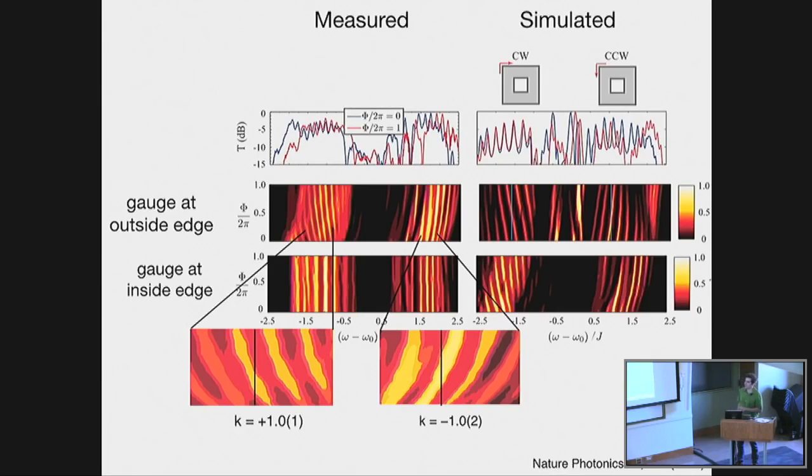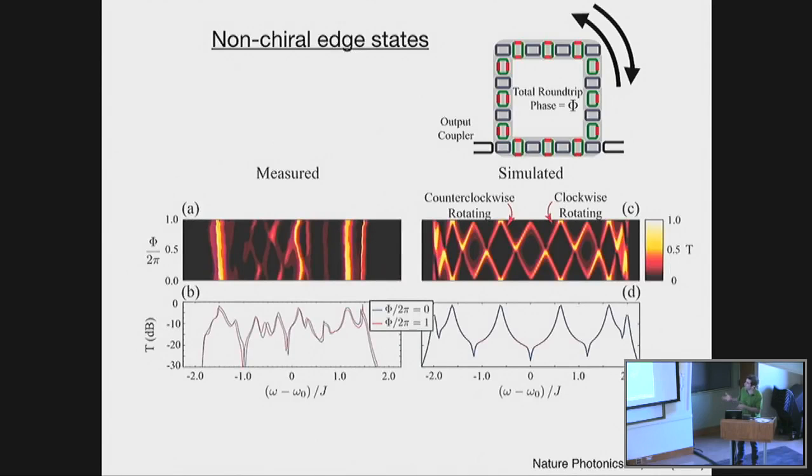Okay. So if we gauge the inside, we don't see anything. We can also do a control experiment to make sure that everything is correct, so everybody would believe. I'll tell you a little bit about this. What if I have just a ring that is non-chiral?